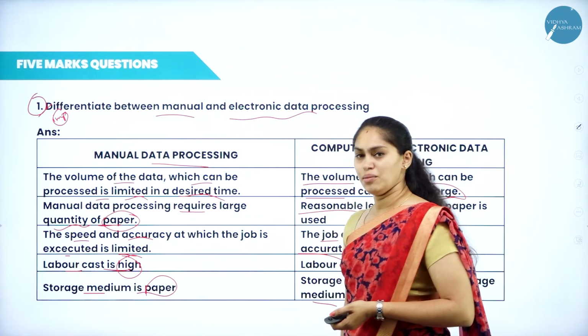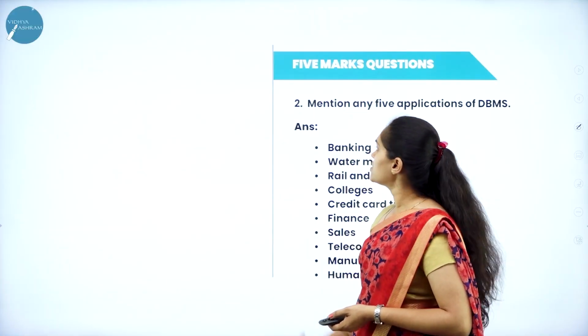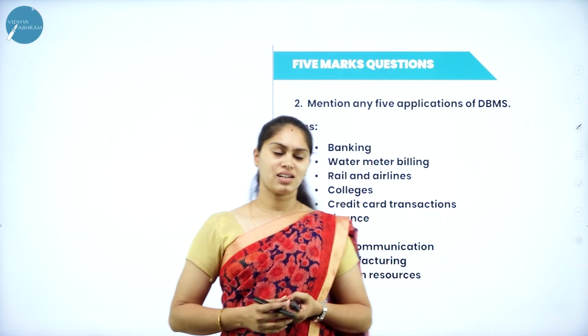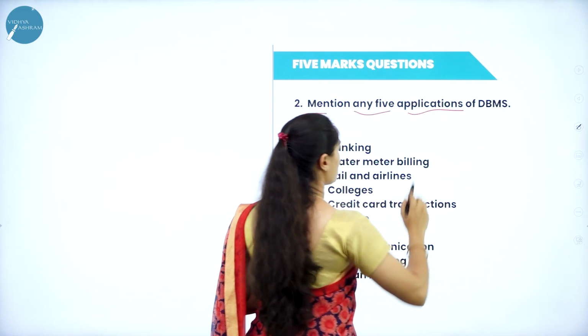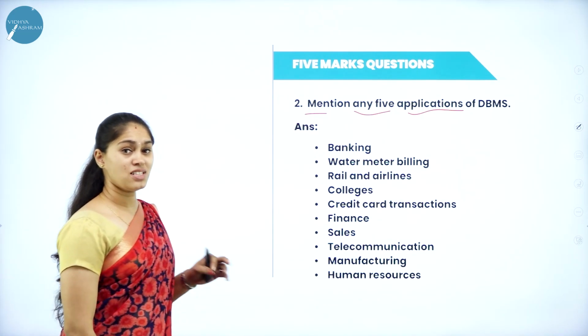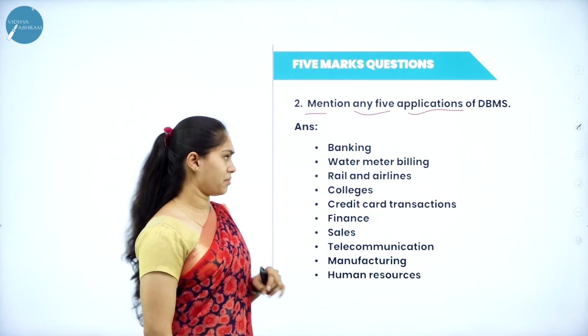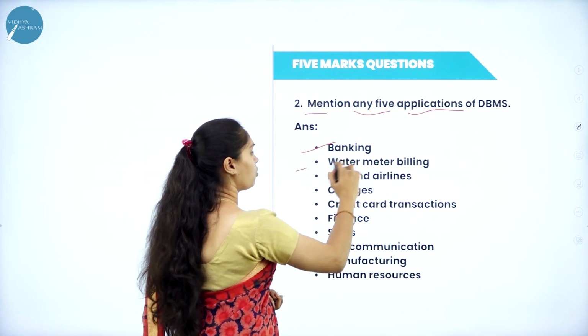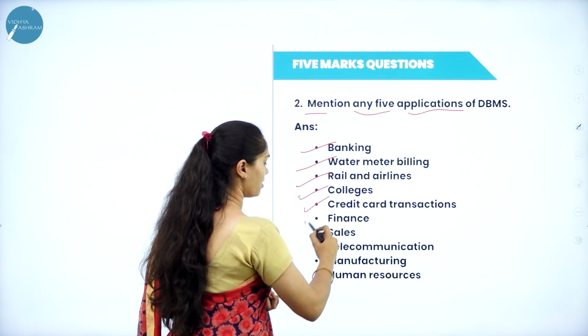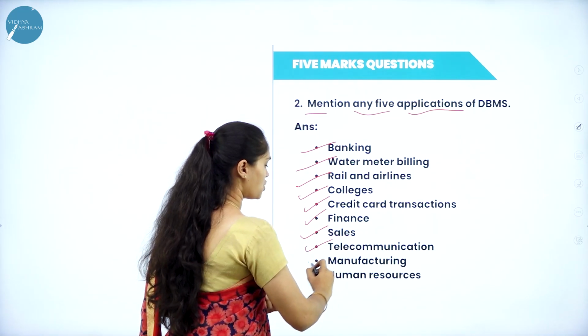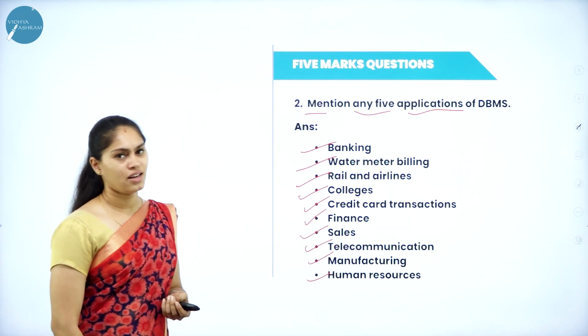So this is the important 5 marks question. Next we have one more question related to 5 marks. Mention any 5 applications of DBMS. That means where we are going to use DBMS. It includes banking, water meter billing, rail and airlines, colleges, credit card transaction, finance, sales, telecommunication, manufacturing, human resources.